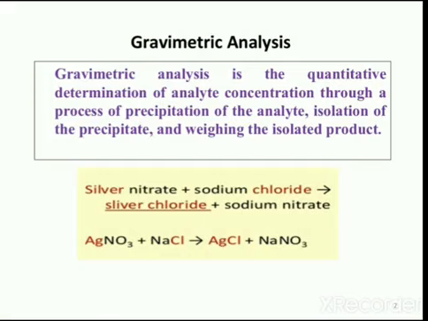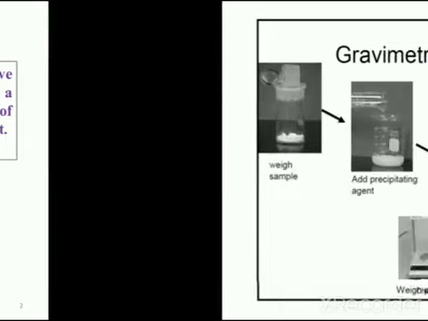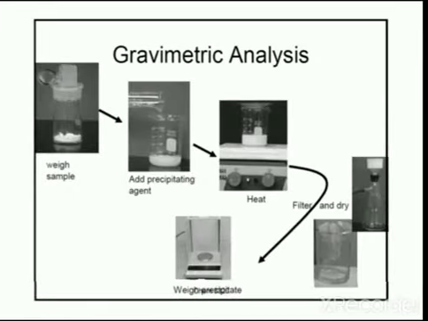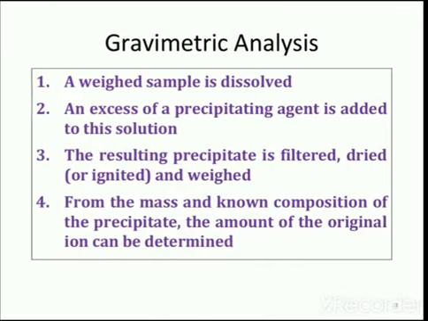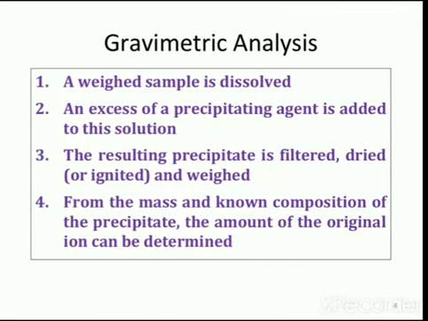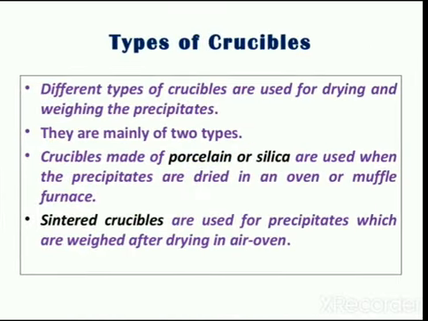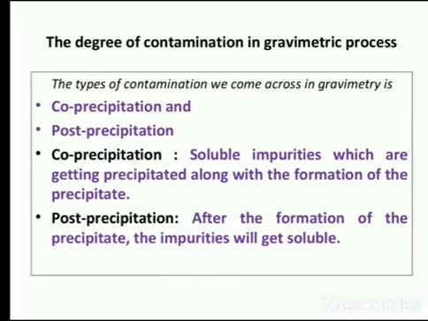In this lecture, we have discussed what gravimetry is, mainly co-precipitation and post-precipitation. In addition, we saw what gravimetric analysis is and how we measure or estimate the substance, what things have to be followed in gravimetric analysis, and what crucibles we use.